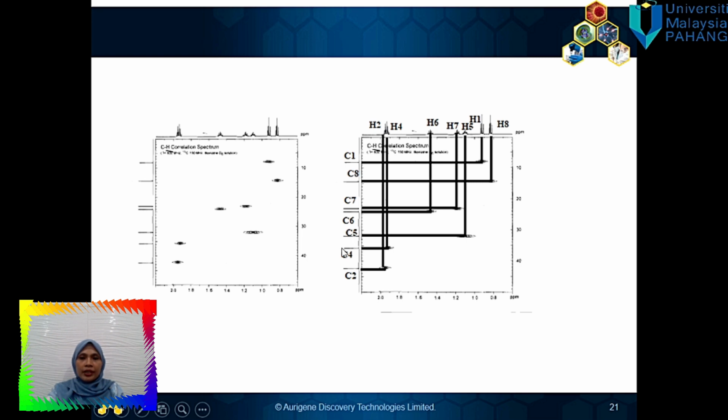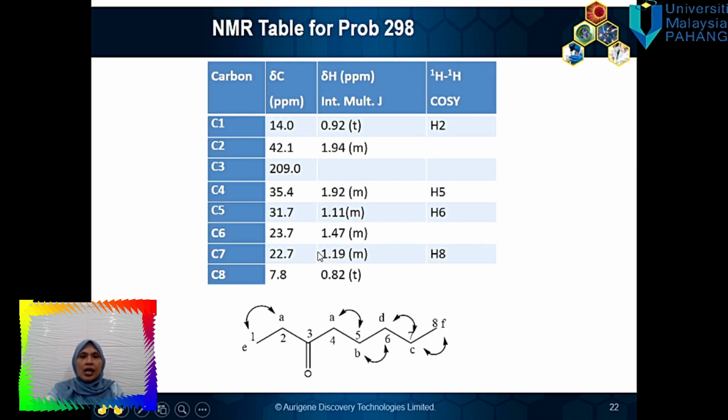H4 correlates with here, we label it C4, and H2 directly correlates with the carbon, and we label it C2.